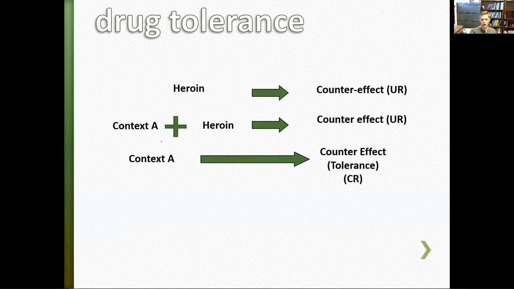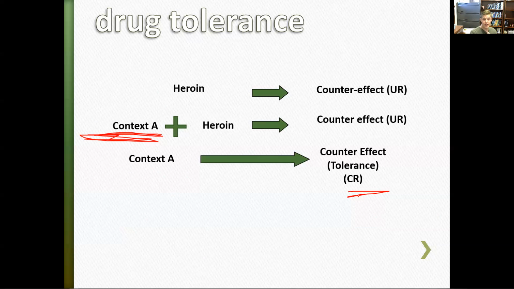So you get a very strong context effect, such that when you go down into your mother's basement, your body is preparing a conditioned response to counter that heroin. So you go down into that basement, your body's thinking, I've got to prepare for heroin, I'm going to counter that effect. So when you're in context A, your conditioned stimulus is producing a conditioned response to counter the effect of that heroin.